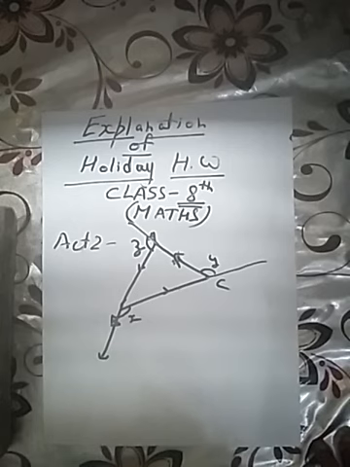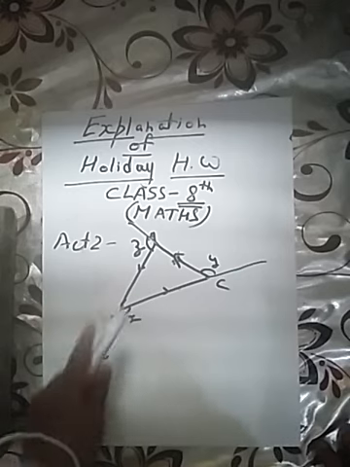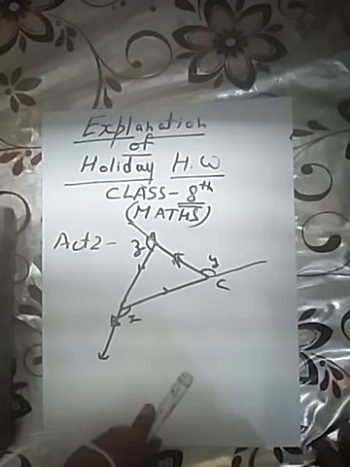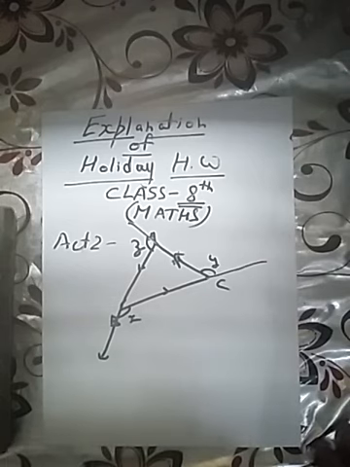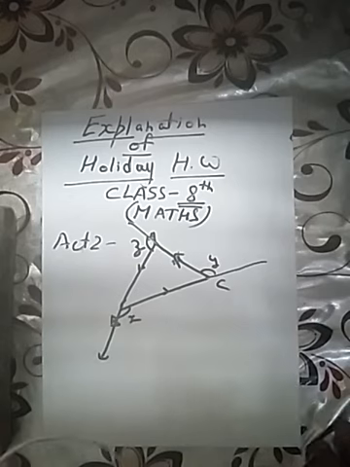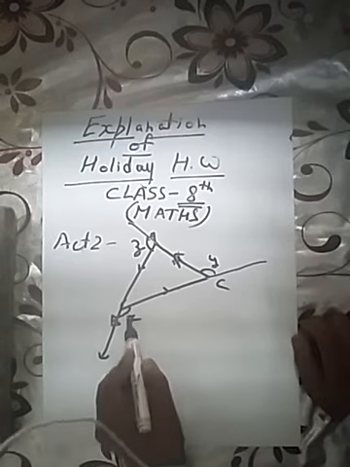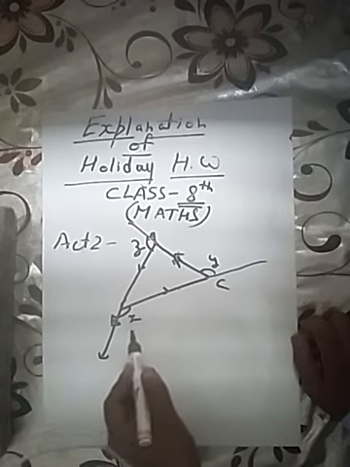The very first question is to write the number of exterior angles in each shape. In the triangle it is 3, for a quadrilateral it will be 4. Then the second question is to write the sum of exterior angles in each case. When you have measured X, Y and Z, you must have got some values.